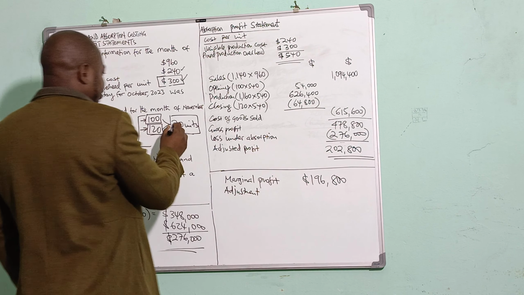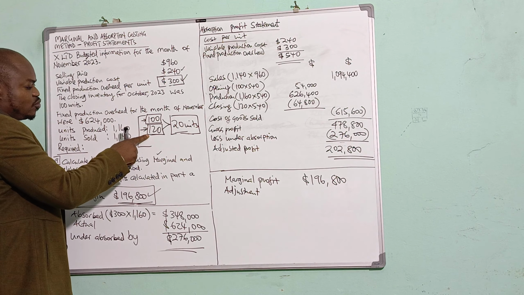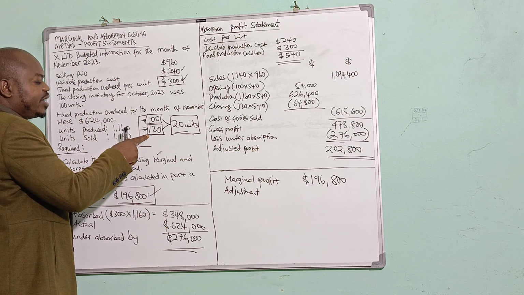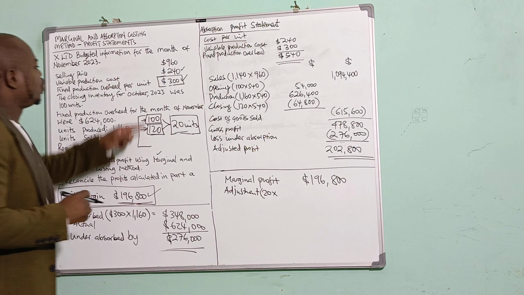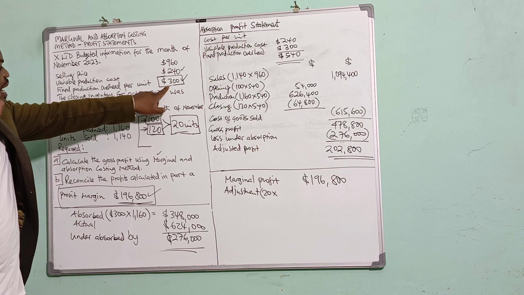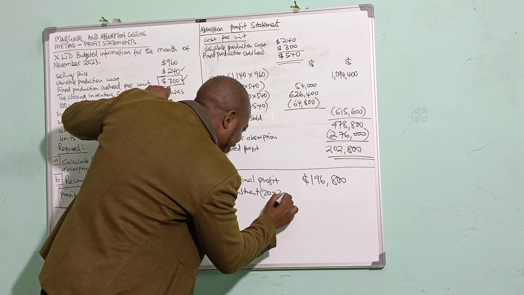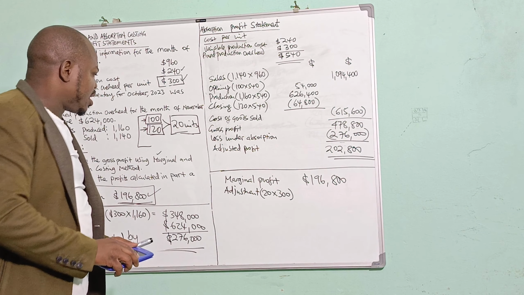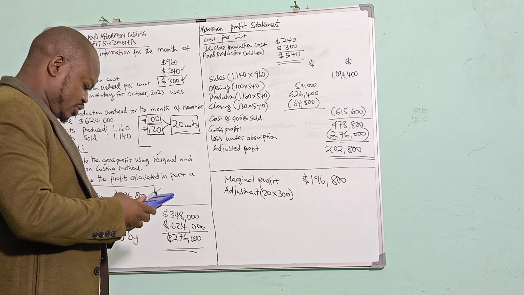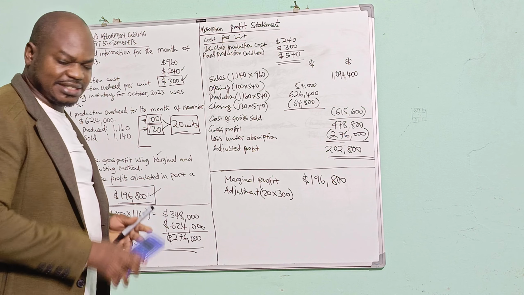Adjustment. The 20 units is the problem. We have opening 100, closing 120, inventory increased by 20 units. So 20 units, which had this component, the fixed production cost, which is absorbed, of 300. Alright. So now I can calculate 20 multiplied by 300 gives me 6,000.